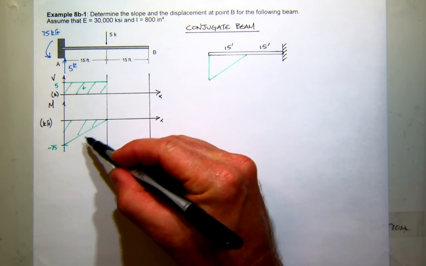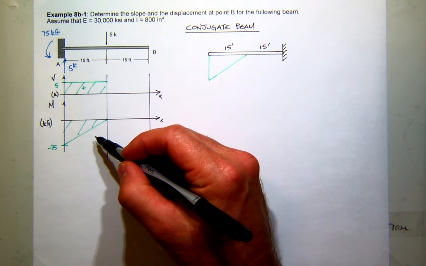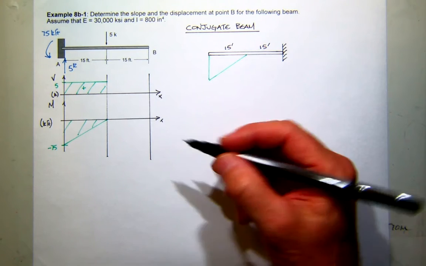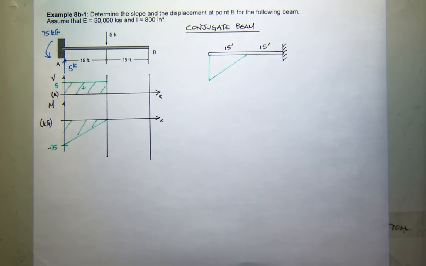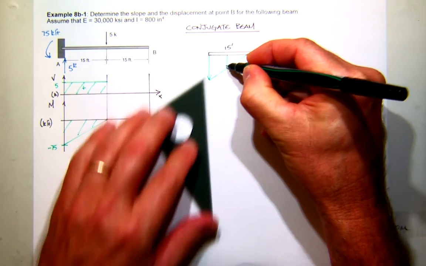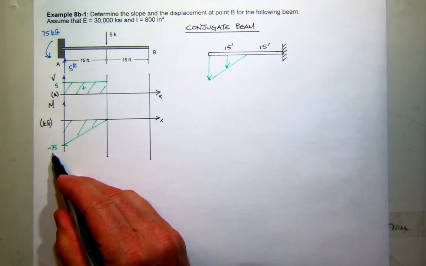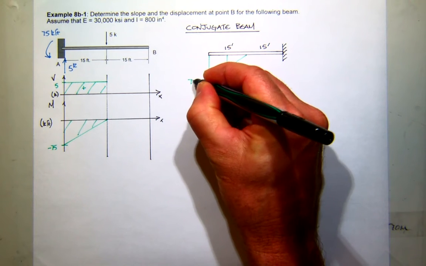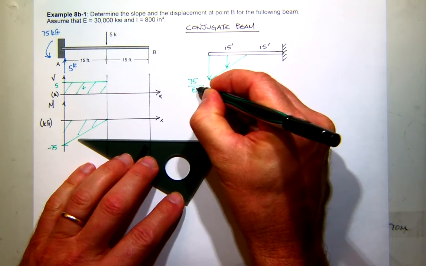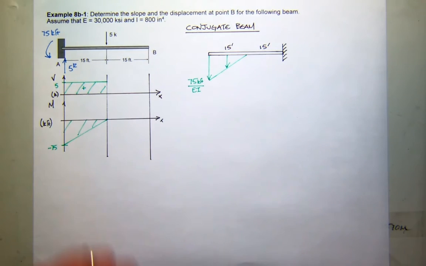So this bending moment is what? Positive or negative? Negative. And negative load is down or up? Down. It's down. So the load actually looks something like this. And what's the intensity? It's going to be the moment, 75, divided by EI. And just remember, our units are kip feet in the numerator.